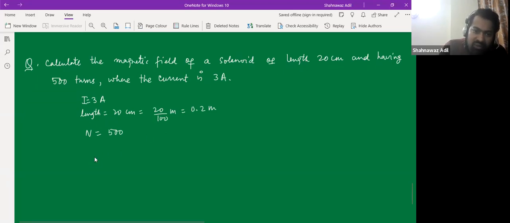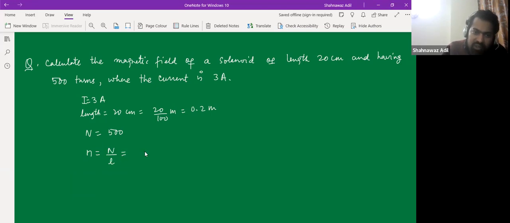First you have to calculate the number density. How much would be the number density? The number density is N by l.